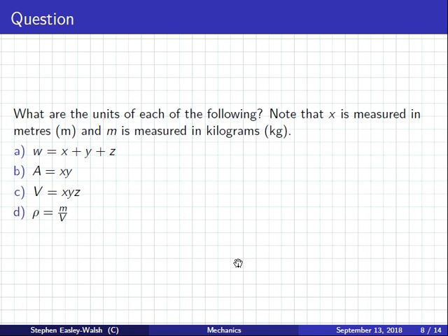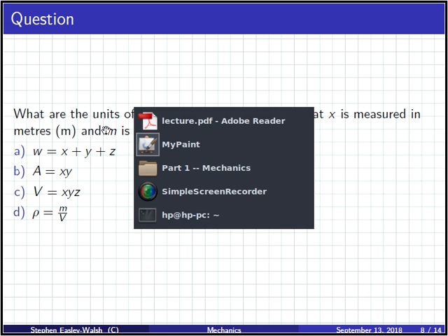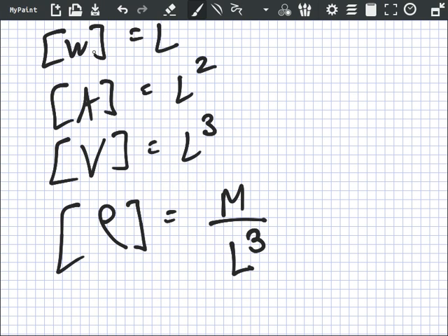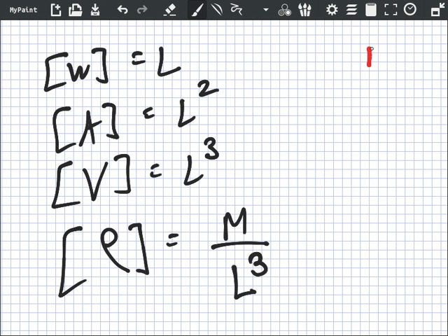Okay. Now the next thing I want to do is what are the units for them. So we'll do that one together. If W is a length, what unit do we use? Meter. If A is a length squared, we use meter squared. Next, meter cubed. And this one?